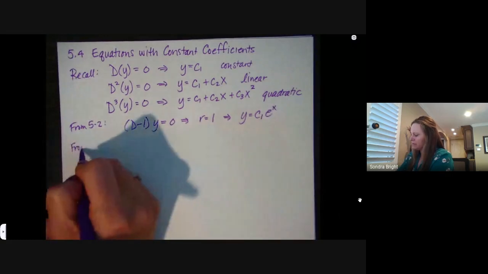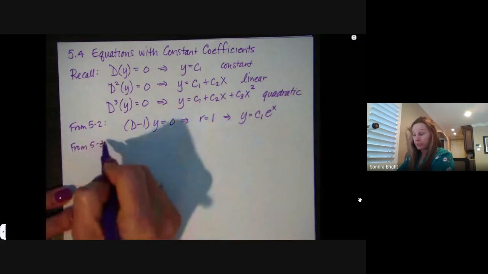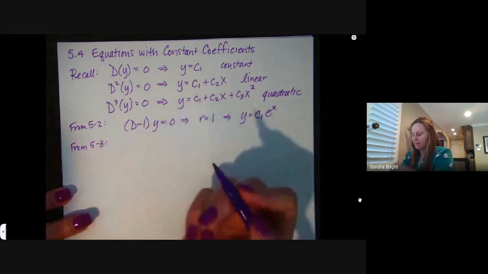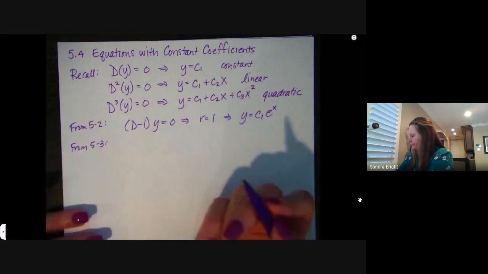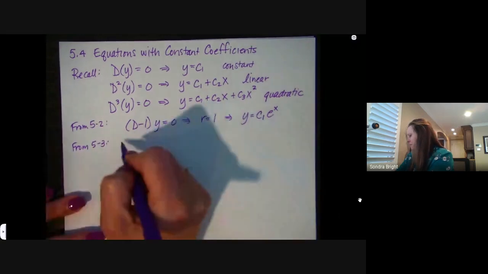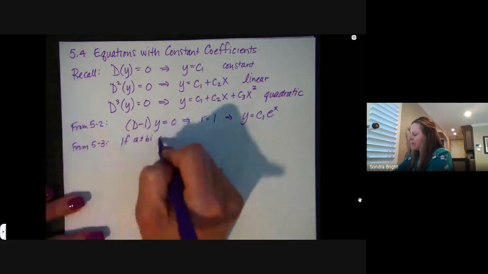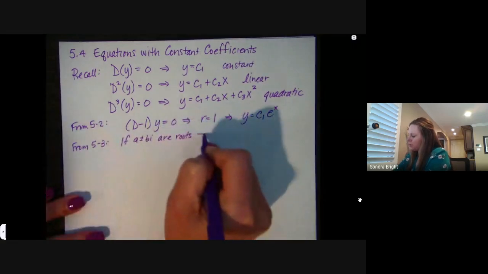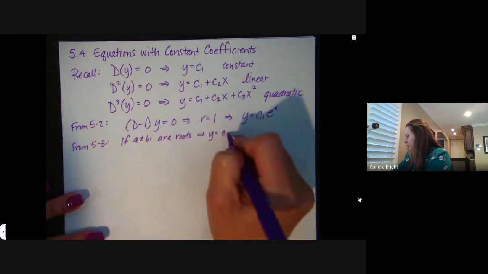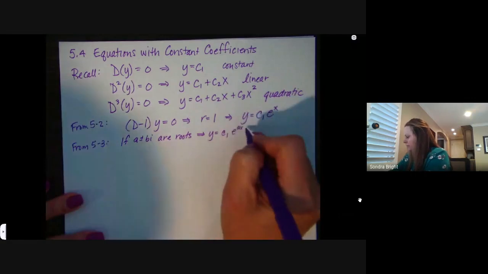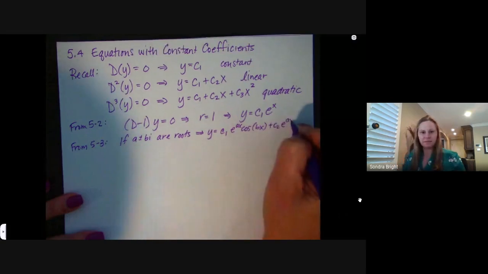We also learned that if your roots were complex, so you had an irreducible quadratic, which meant that you had a plus and minus bi as roots, then our general solution was y equals c1 e to the ax cosine of bx plus c2 e to the ax times sine of bx.